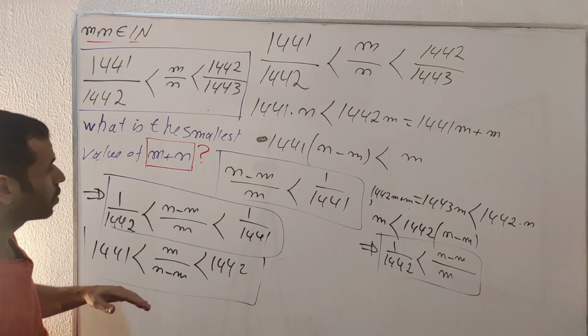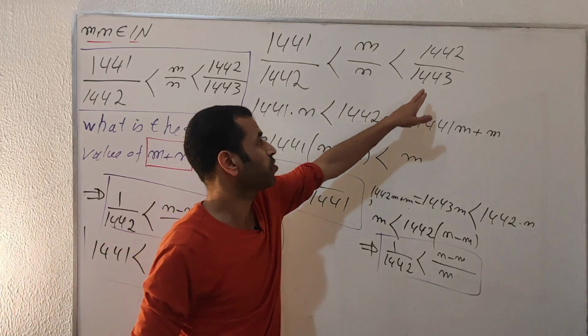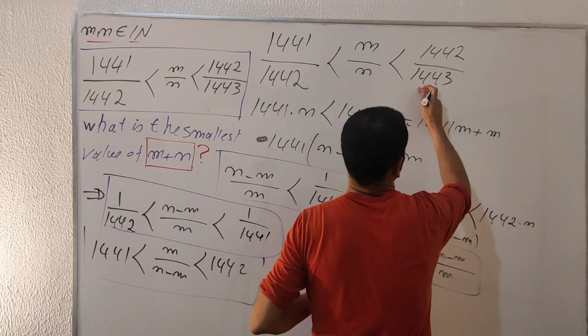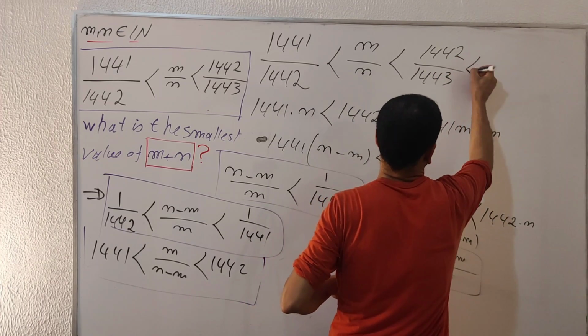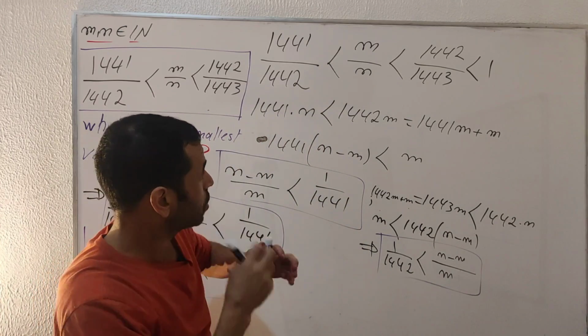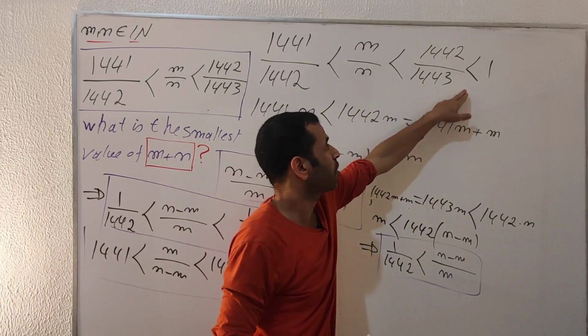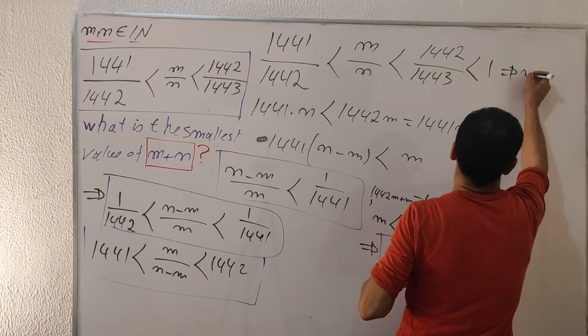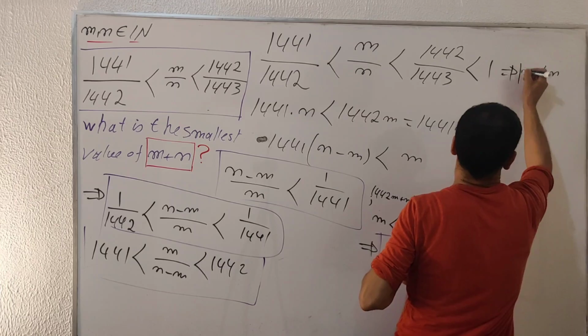So the next thing, I'm going to look at the right-hand side of this inequality. This term, 1442 over 1443, is strictly inferior to 1. Which means m over n is strictly inferior to the number 1. In other words, m is strictly inferior to n.